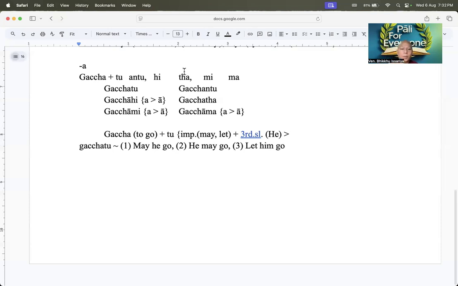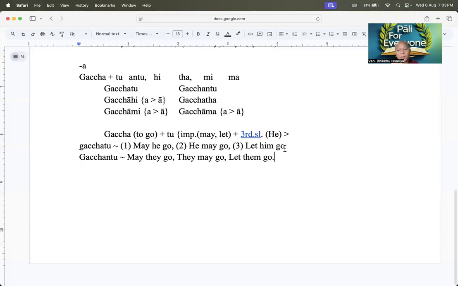So that is why for gachan do also, may they go, they may go, let them go. Okay. So now for the second person plural, gachan do me, the same way: may they go, or they may go, or let them go.